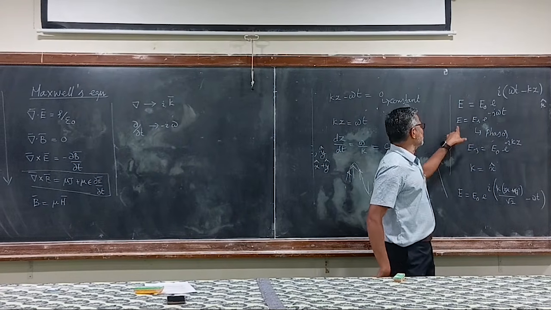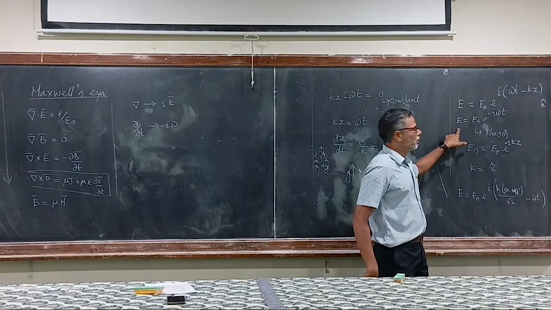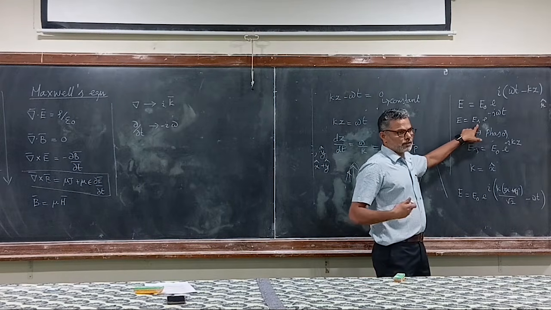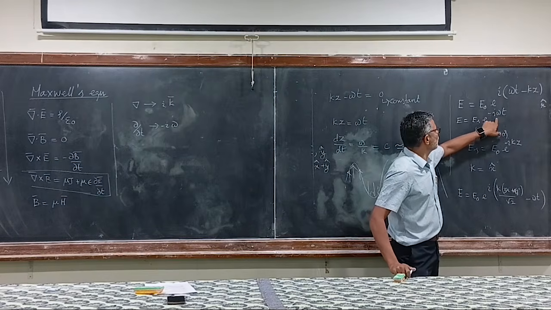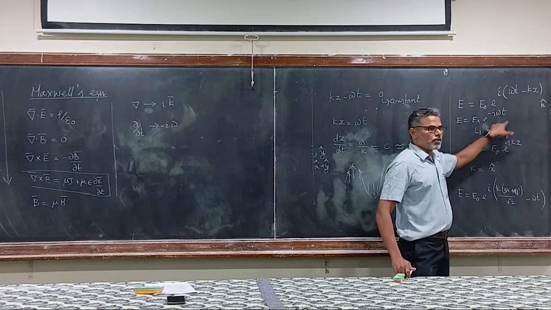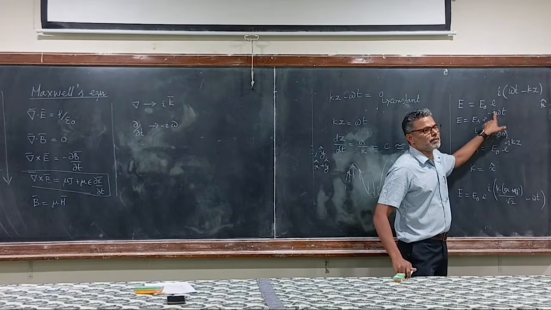Now if I differentiate this vector, dou E by dou t, ES is independent of time, so the only differentiation is of e to the power of minus I omega t. The coefficient of t is minus I omega.